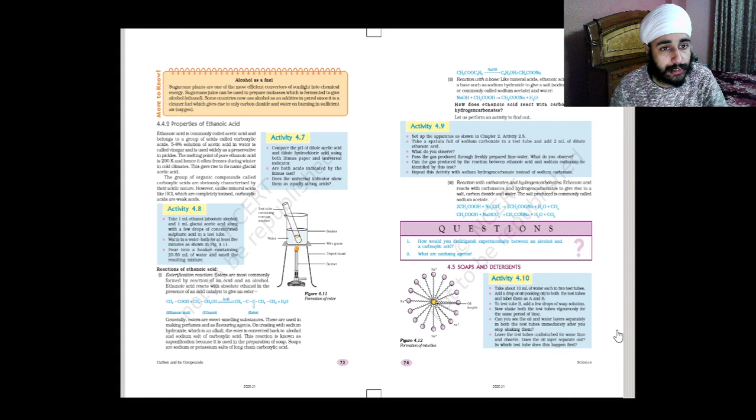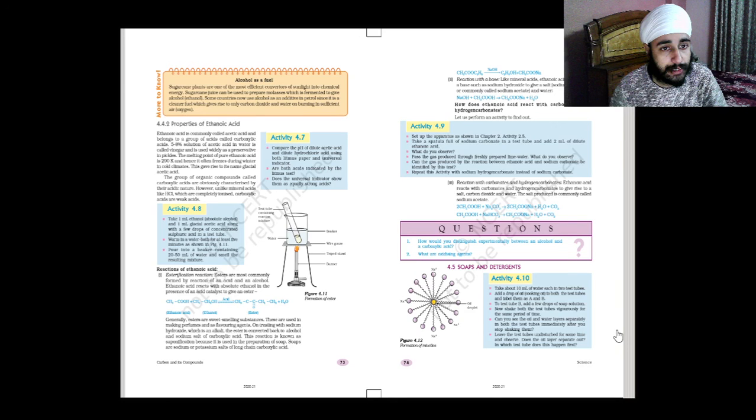They can be used for perfumes and flavoring agents. On the treatment of an ester with sodium hydroxide, an alkali, the ester is converted back to the alcohol and the sodium salt of a carboxylic acid, and this reaction is known as saponification, which is used to prepare soap, the sodium and potassium salts of long chain carboxylic acids, right?